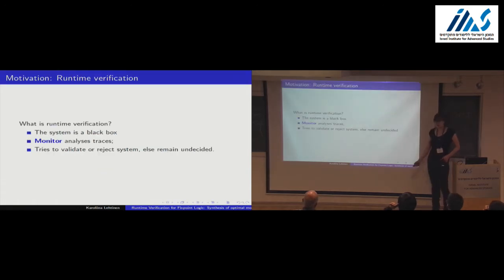So runtime verification, it's a little bit like model checking for lazy people. Instead of looking at the state space of your system, where you get state explosion and all of that stuff, you just have it as a black box and you just look at what comes out. So you look at executions and then you attempt to infer some properties of your system by only looking at what it produces.